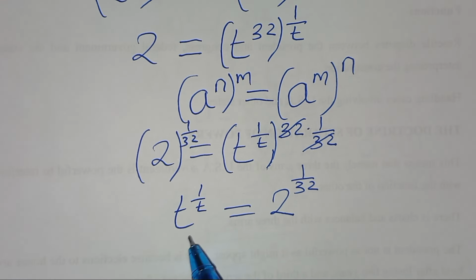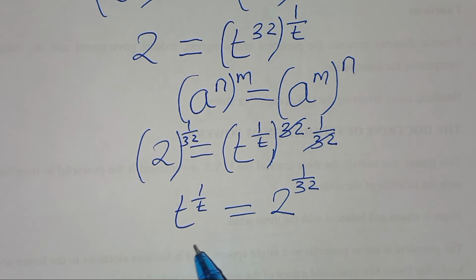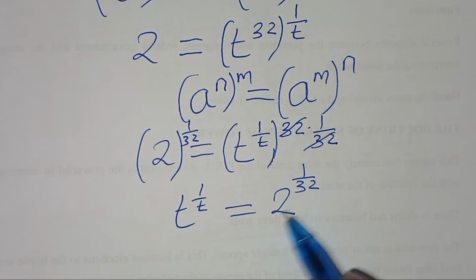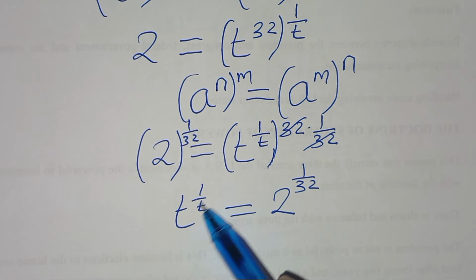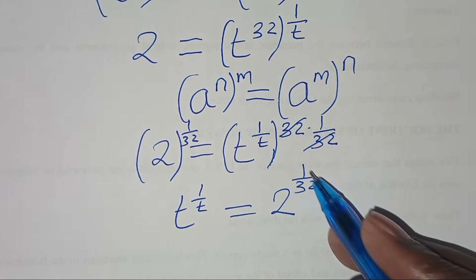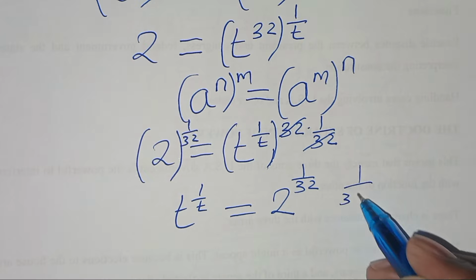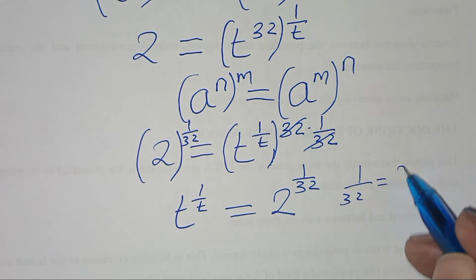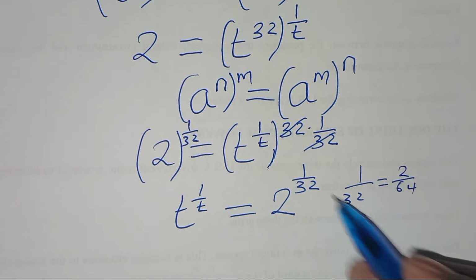So here we have the base, which is t, equal to the reciprocal of the exponent. So we have to ensure also on the right hand side that the base equals the reciprocal of the exponent. To do that, we have 1 over 32, and we can express this as 2 over 64. Let's substitute this.